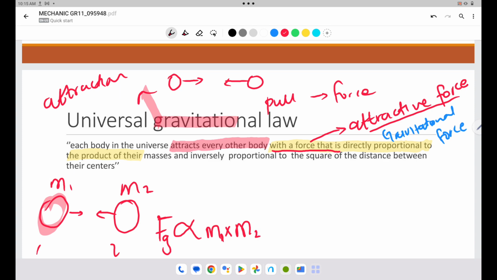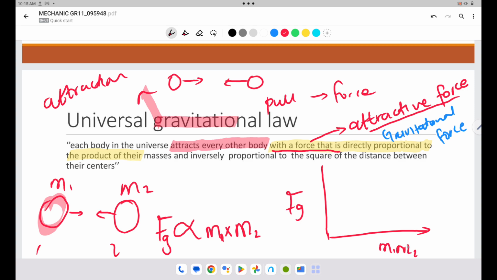This statement is very powerful because it tells us the type of relationship that exists between the gravitational force and the product of the masses. It also gives us a hint about what kind of graph we are going to have if we draw Fg versus the product of the masses.